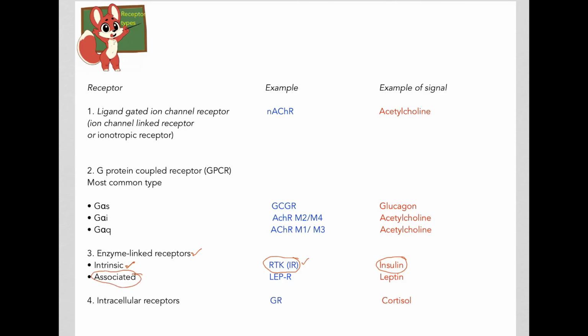It doesn't have intrinsic activity, but it can recruit an enzyme to the receptor. And there we had mentioned the leptin receptor as an example, where the signal is leptin. And as far as intracellular receptor, we did talk about one of them, and that was the glucocorticoid receptor that responded to the signal called cortisol.